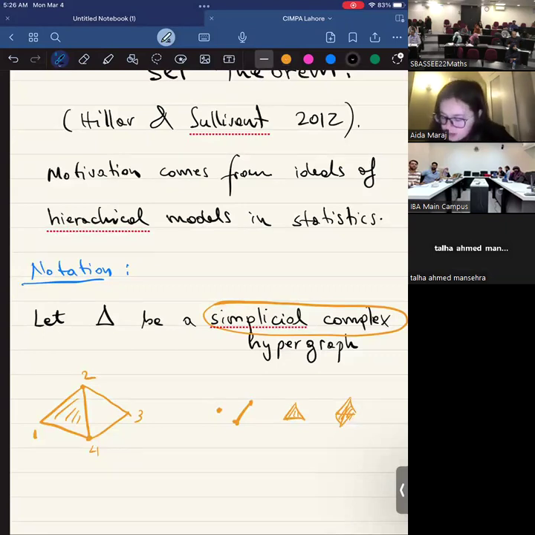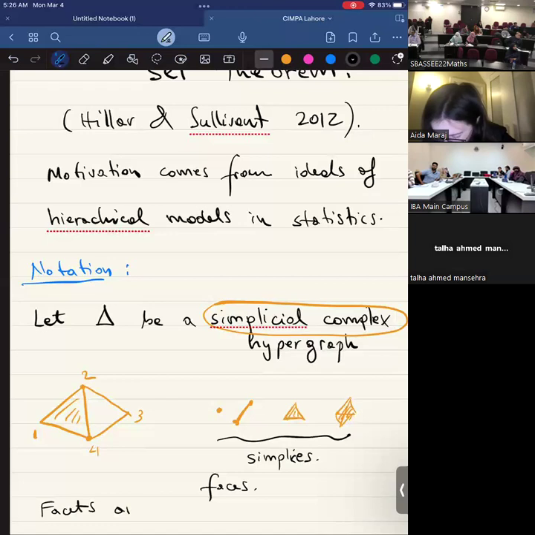Okay, so as I said, these are called simplices, and also, for our settings, faces. And then facets are maximal faces.